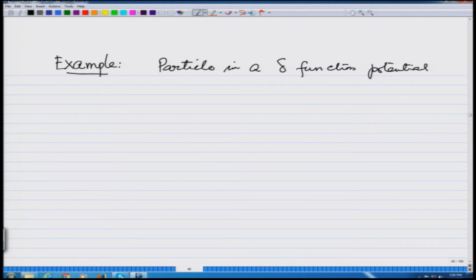And what I mean by that is that the potential V(x) is equal to minus V0 delta of x. How does this potential look? This potential is going to look like this. If this is the x axis, this is the y axis, it is going to be very deep at x equal to 0, in fact going to minus infinity, and 0 everywhere else.